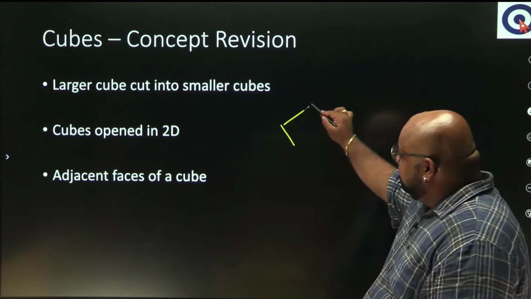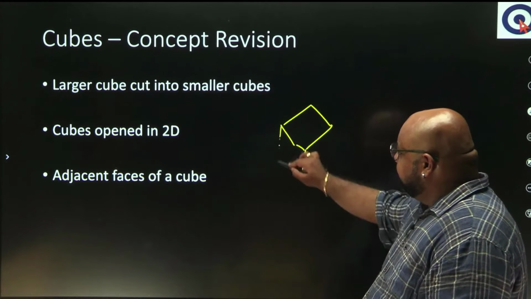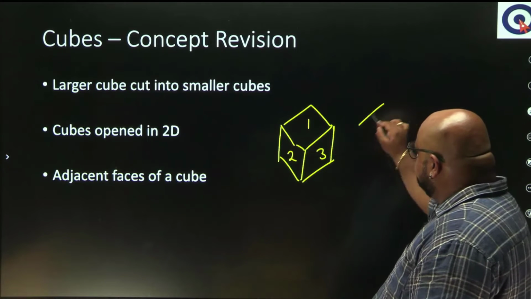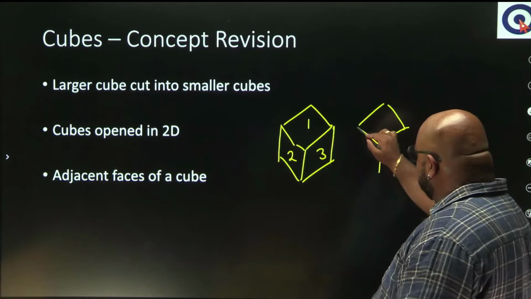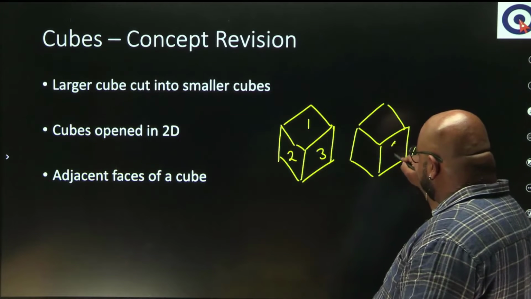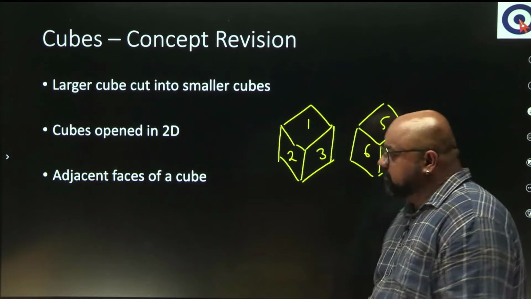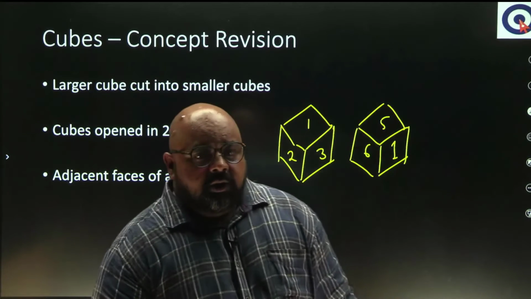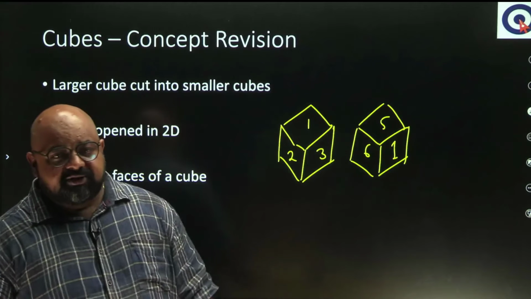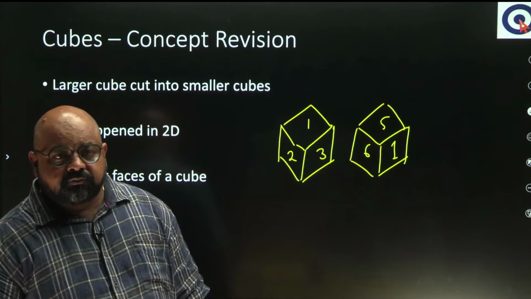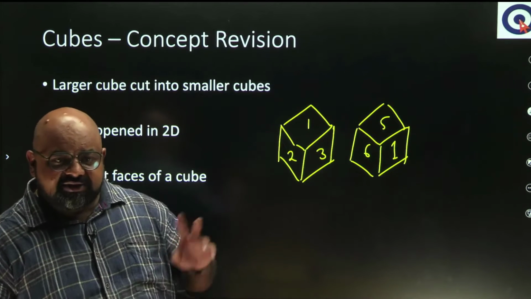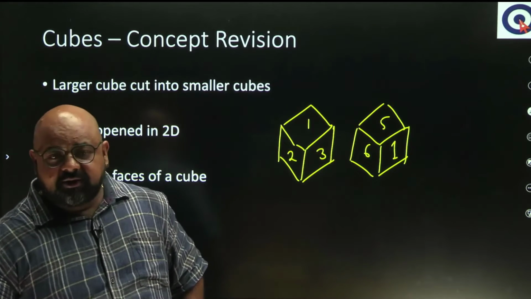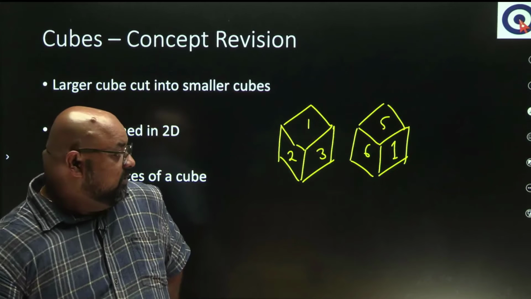If I say that the cube looks something like this, these are 2 orientations of the cube. Which number is opposite which number in this cube? 1 and 6, 2 and 5, 3 and 4 does not have to happen. That happened with only the dice that we got with Milo free, but yeah.